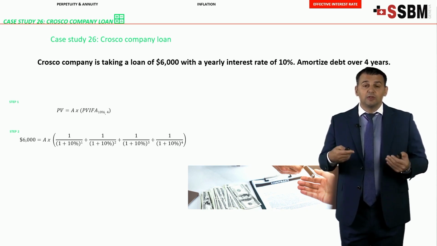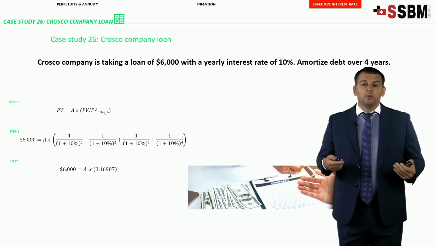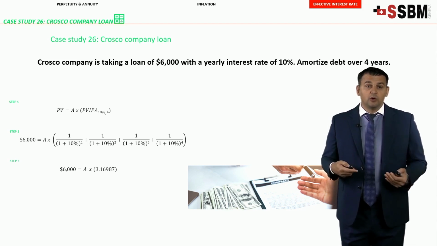When you discount every year your annuities with the interest rate of the loan, you have to obtain the value of your loan. Present value is the value of your bank loan. Always keep it in mind. So here we have 6,000, the amount of the loan, equal to A, the annuity, times, when we do all the calculation, the annuity factor for 4 years at 10%, 3.16987.